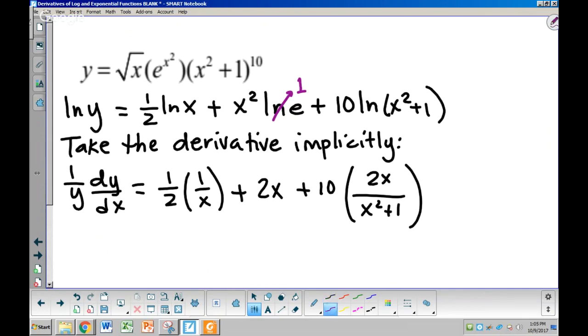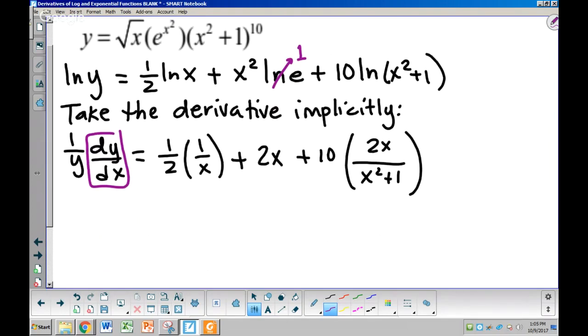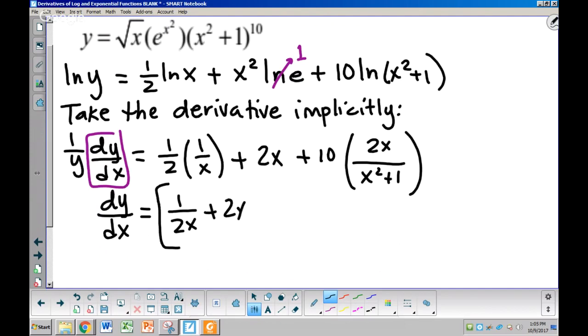And then I need to solve for dy/dx, so I'm going to multiply everything by y. So this is dy/dx equals 1 over 2x plus 2x plus 20x over x squared plus 1, all times y. Now, Mrs. Muller is not going to make you find a common denominator or anything on the inside there. So are we happy about that?